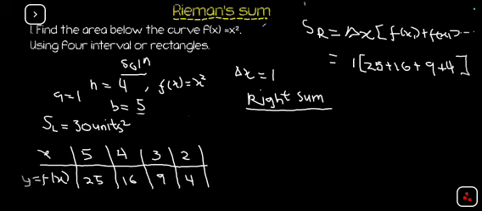Let me input it into the calculator. 25 plus 16 plus 9 plus 4 is 54, times 1, which is equal to 54 units squared.